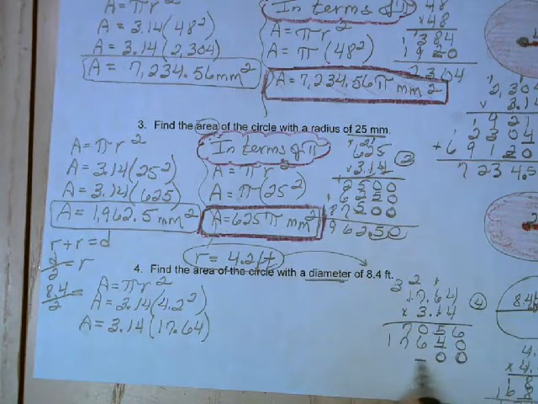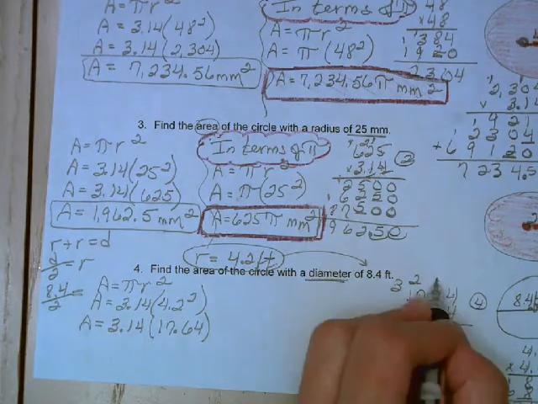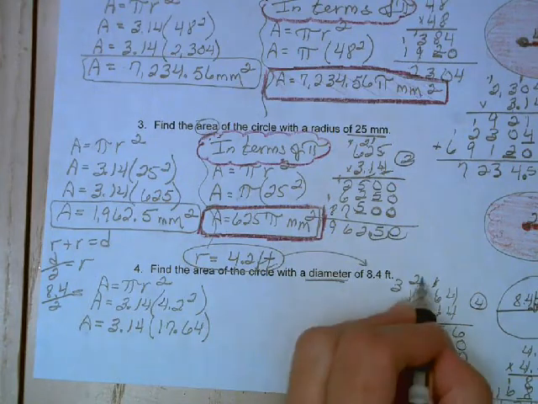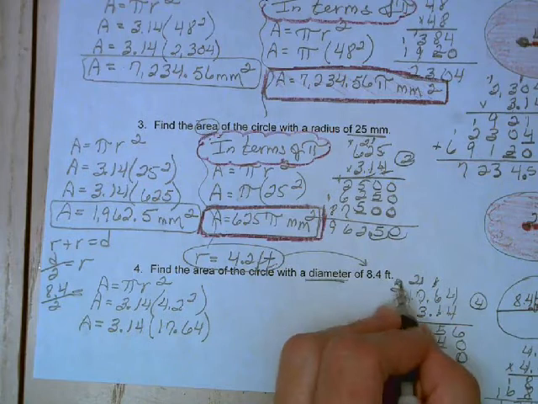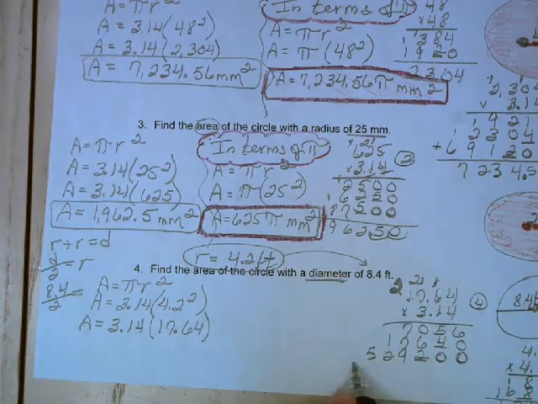Placeholder over 1 because I'm going to the third column. 3 times 4 is 12. Put my 2, carry my 1. 3 times 6 is 18 plus 1 is 19. 3 times 7 is 21 plus 1 is 22. And 3 times 1 is 3 plus 2 is 5.